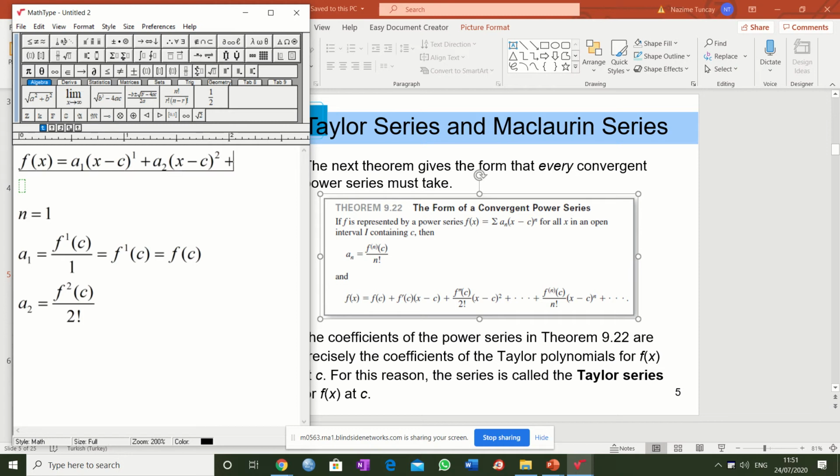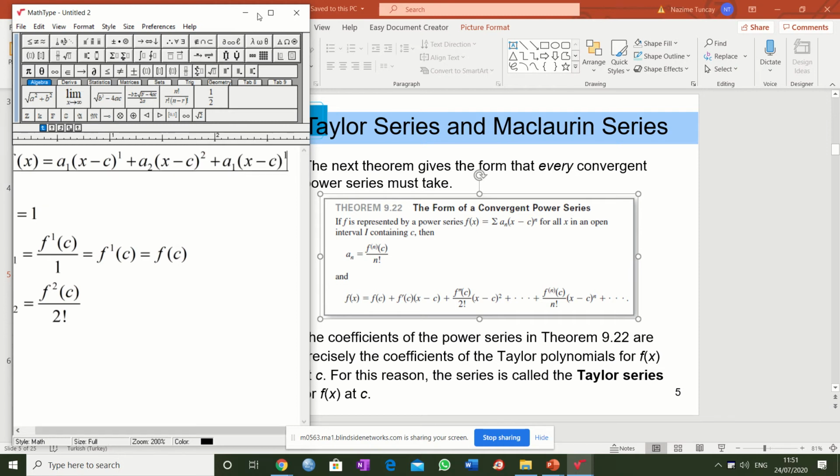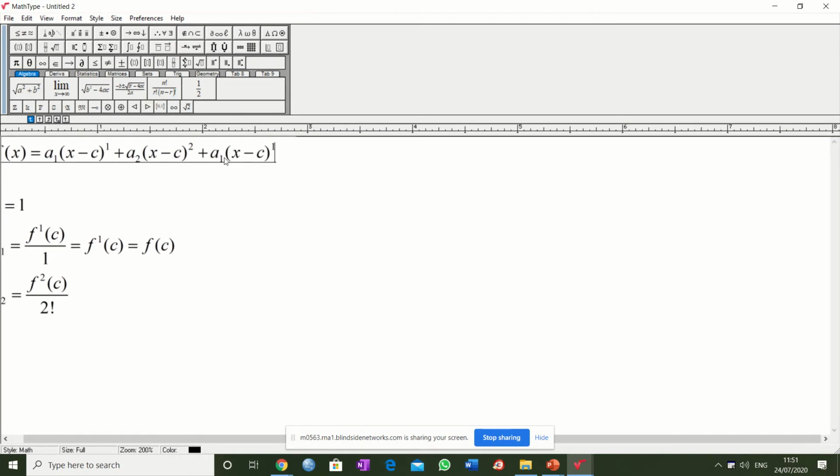Then I have a_3, because it is a summation, then a_4, and so on. Until where? If I don't have borders, until infinity. If I have any borders, I write what the borders are.